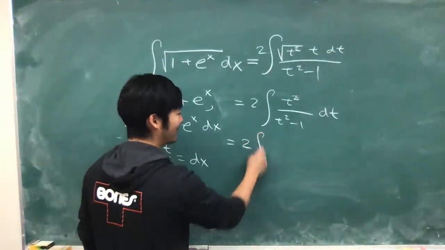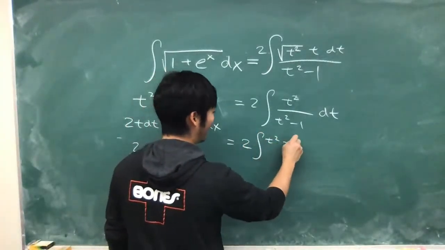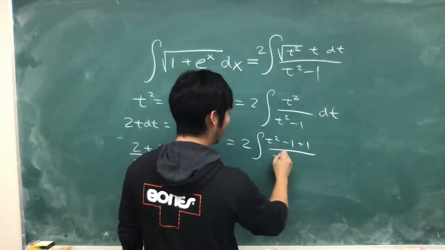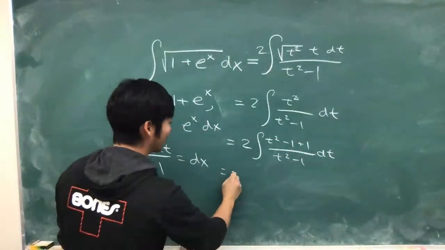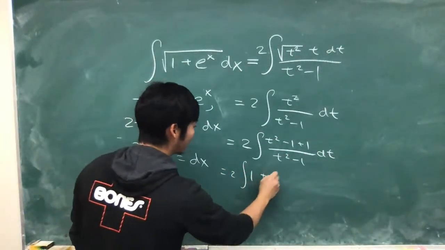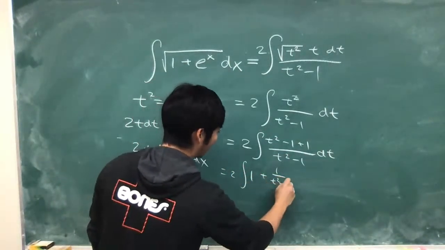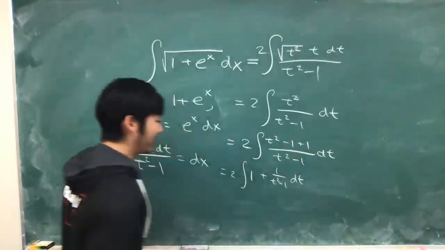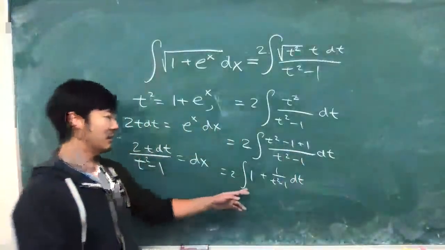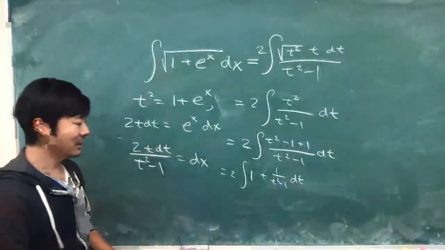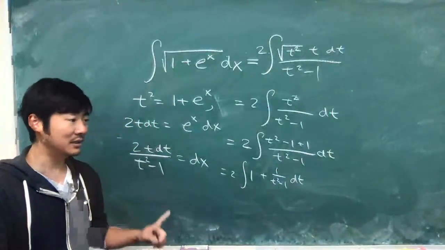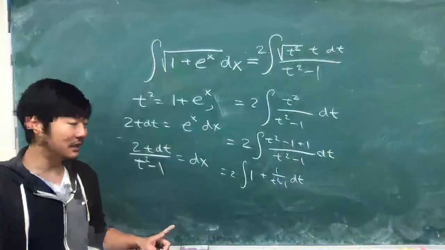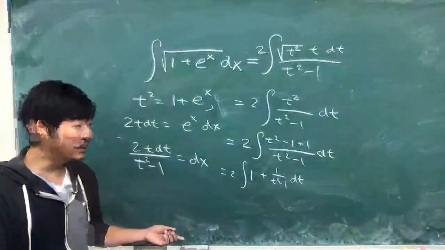This is 2 times t squared minus 1 plus 1 over t squared minus 1 dt. So this is 2 times 1 plus 1 over t squared minus 1 dt. All right, that's good. So that integral is easy. This integral, you can either do substitution, and you'll end up having to integrate secant, which is, if you know it, then great.